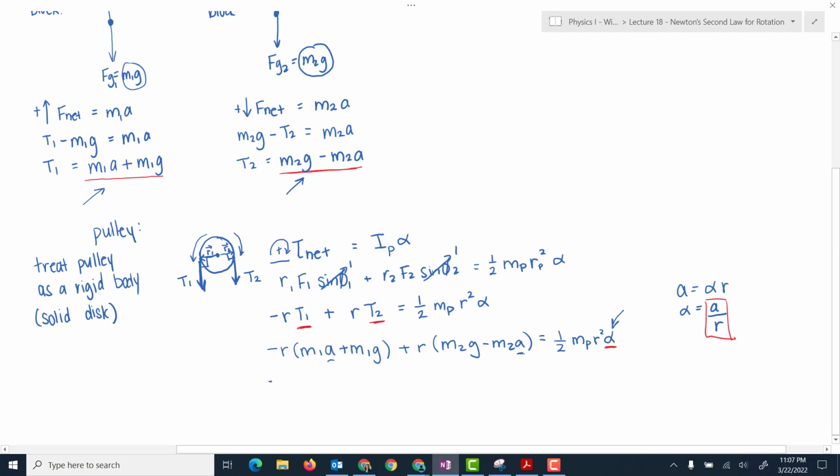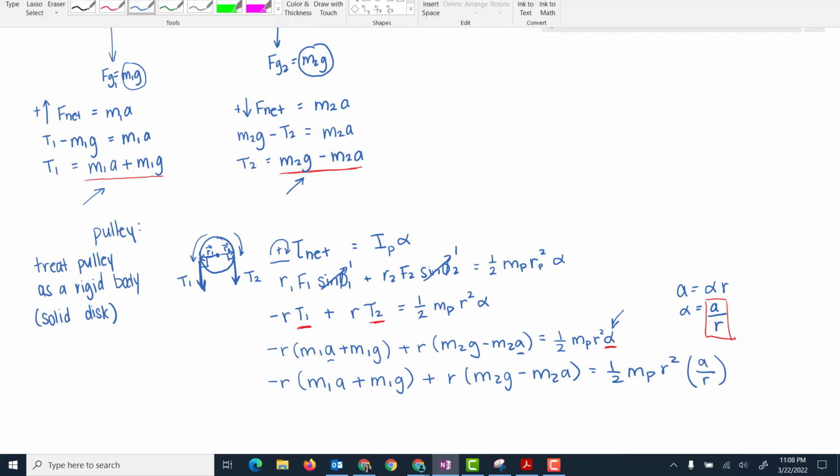I have negative r times m1a plus m1g, plus r times m2g minus m2a, equals 1/2 mass of the pulley r squared, and then alpha is going to be replaced with a over r.